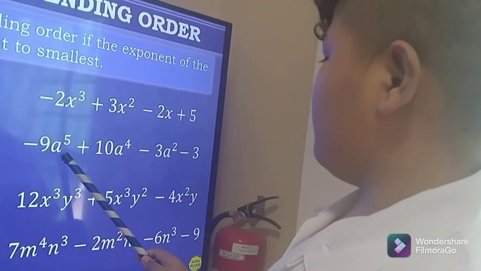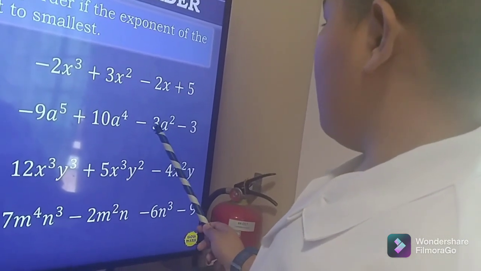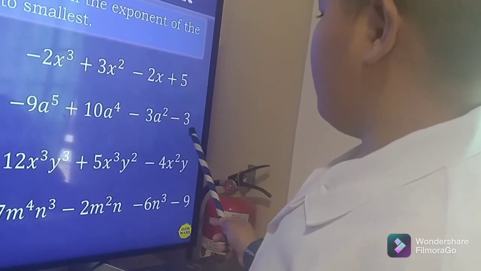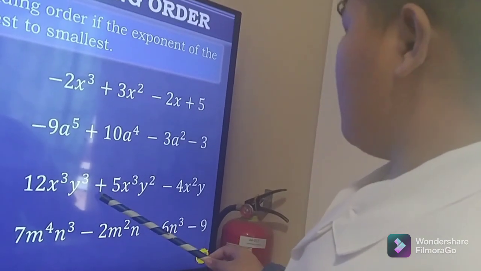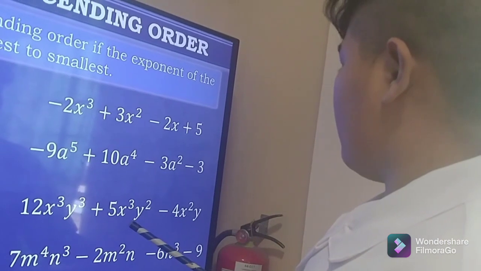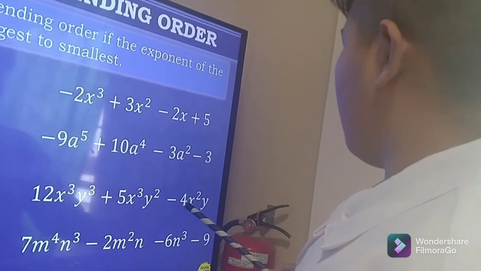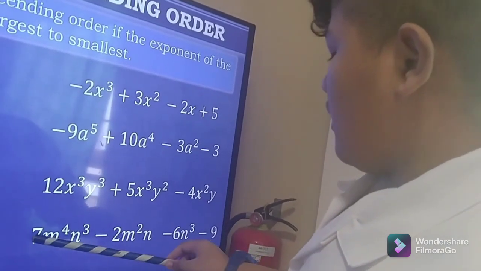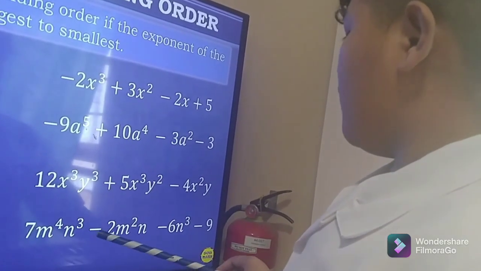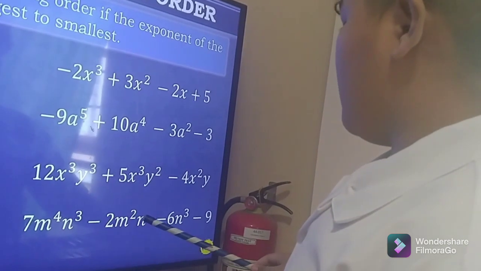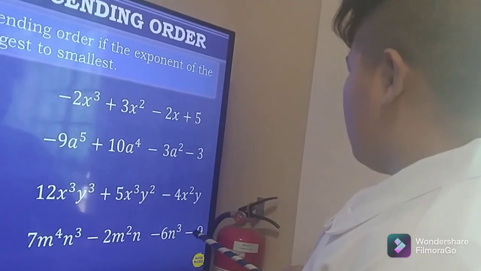Negative 9a to the fifth power plus 10a to the fourth power minus 3a squared minus 3. 12x to the third power y to the third power plus 5x to the third power y squared minus 4x squared y. 7m to the fourth power n to the third power minus 2m squared n minus 6n to the third power minus 9.